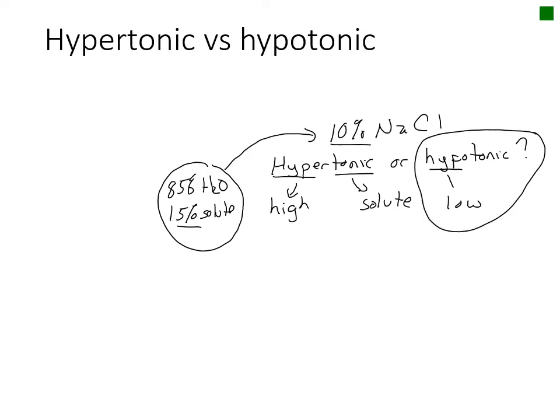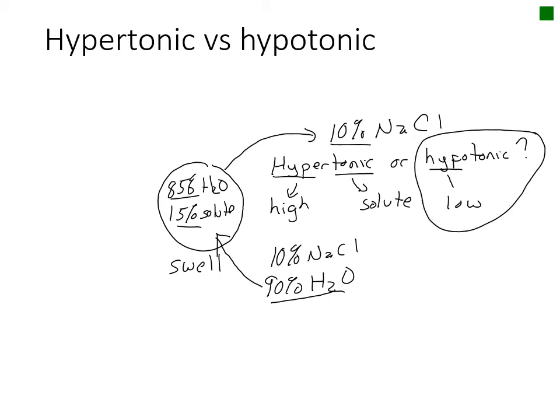If the environment is 10% sodium chloride, that means it must be 90% water. We can see that water is higher outside the cell than inside the cell, thus water enters the cell, causing it to swell. A hypertonic solution must have a higher solute concentration than the cell.